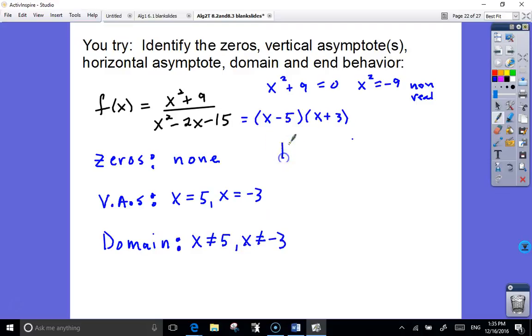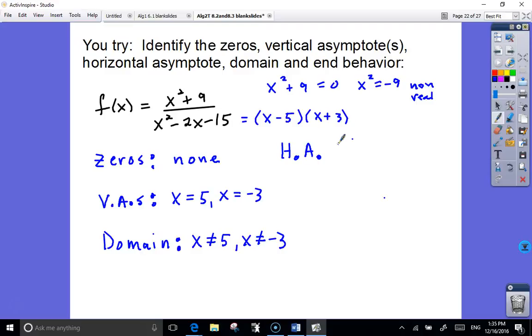Okay, horizontal asymptote. Let me abbreviate that. Which of the rules are we going to use this time? They're equal this time, right?